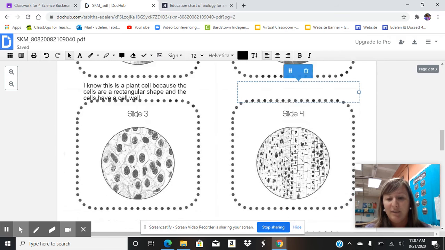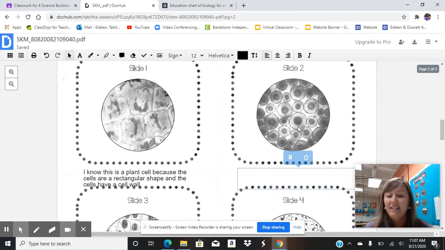So let's look at the next one. This is another example. So first, ask yourself, is this a plant cell or is this an animal cell? I'll let you have a few seconds. Okay, so if you guessed that that's an animal cell, then you are correct.